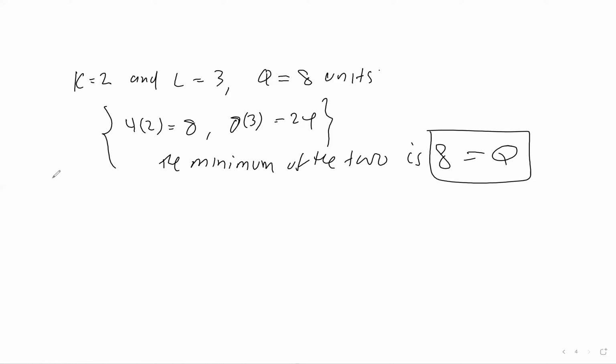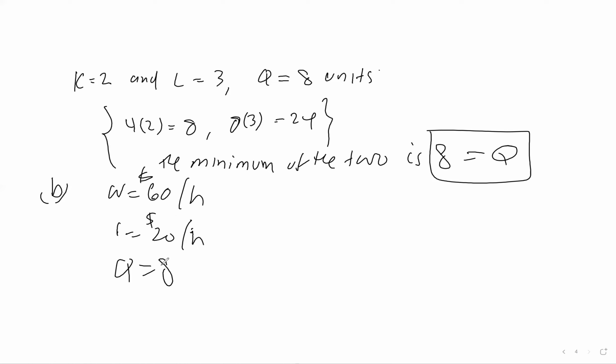Now for part B of the question, it's asking if the wage rate is $60 an hour, and the rent, which is R, is equal to $20 an hour, what is the cost minimizing input mix for producing when Q is equal to 8, for 8 units of output?